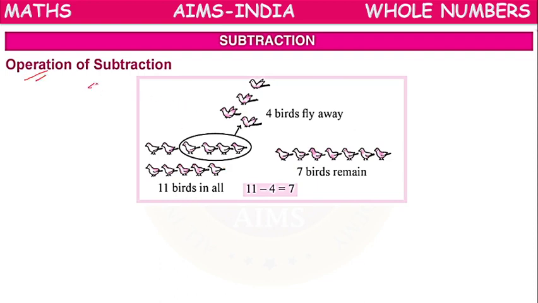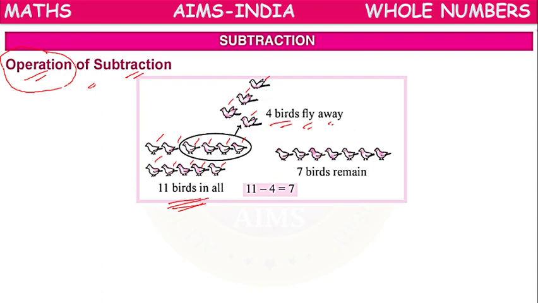So, operation of subtraction. Subtraction is a mathematical operation. Suppose we have 11 birds in all: 1, 2, 3, 4, 5, 6, 7, 8, 9, 10, 11. Out of those 11 birds, 4 birds fly away: 1, 2, 3, 4.